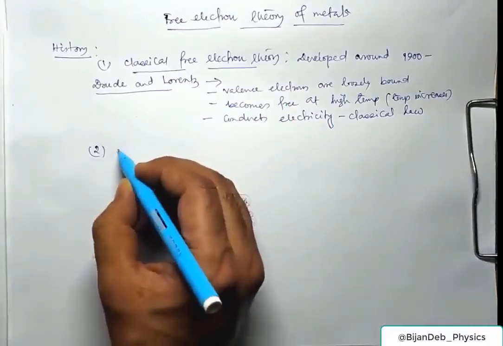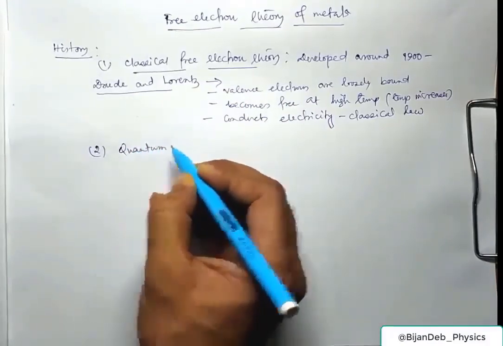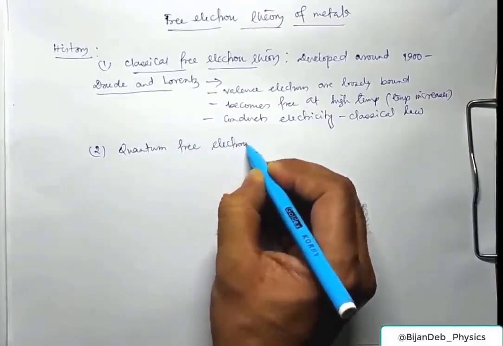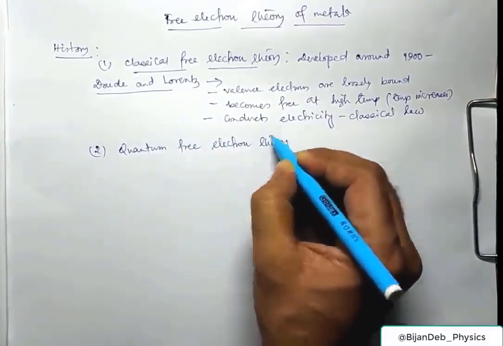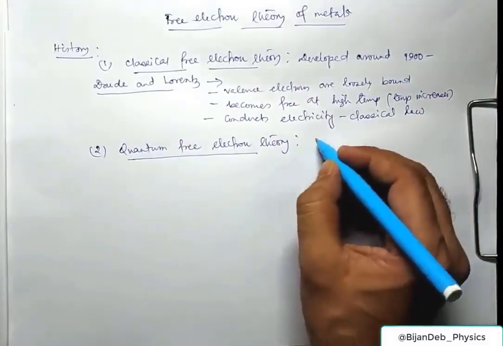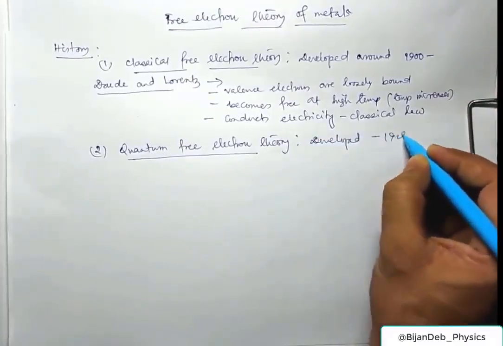Subsequently, quantum theory was developed. That was the quantum free electron theory. It was actually developed around 1928.